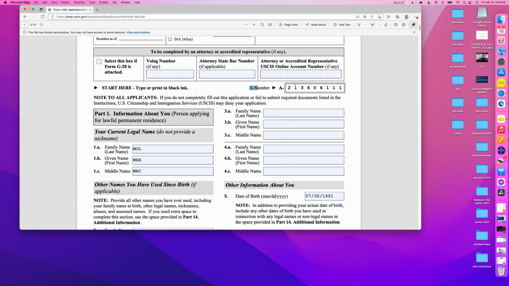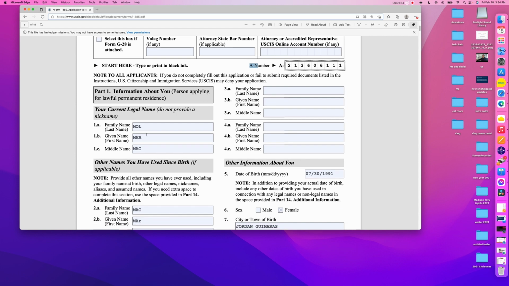So you have to keep your NOA 2 if you are filing for petition, because you need that to verify your A number when you apply for adjustment of status. Okay, so your A number, guys, is on the beneficiary side, on the right side of your form I-797 Notice of Action or NOA 2. That is A number. Right, so here we go.